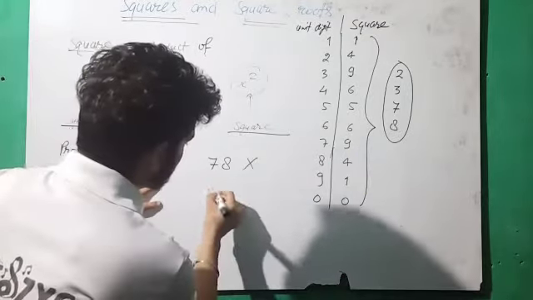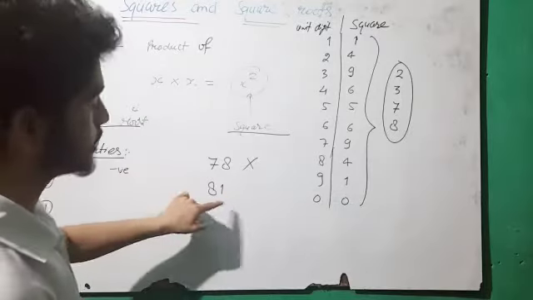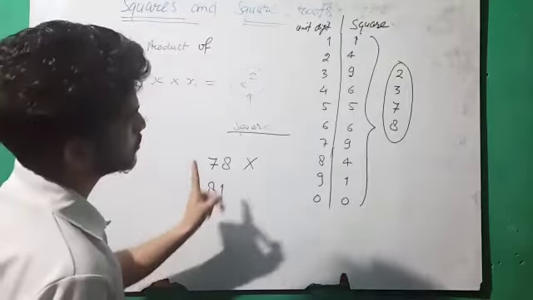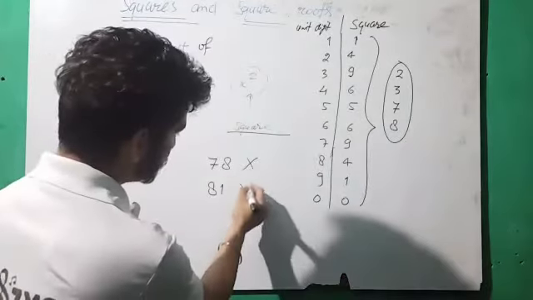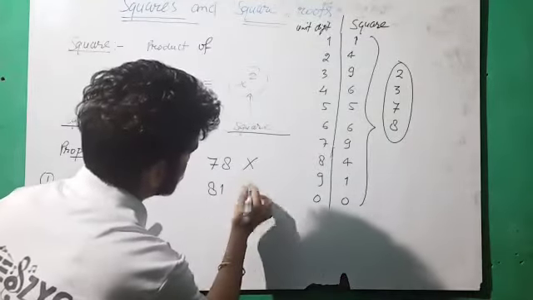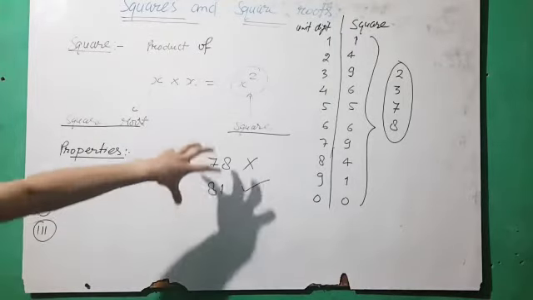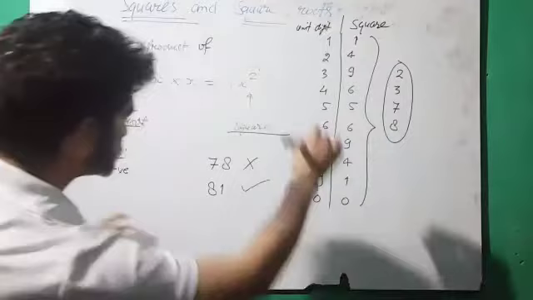Now 81, it may be a perfect square, but we have to find out whether it is a perfect square or not. There is a possibility, but if you want to know about that, you have to see all these numbers.